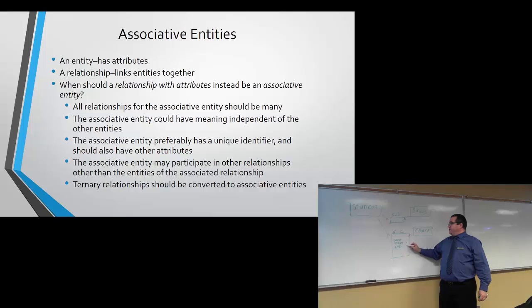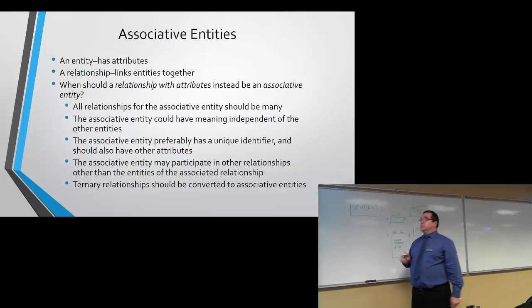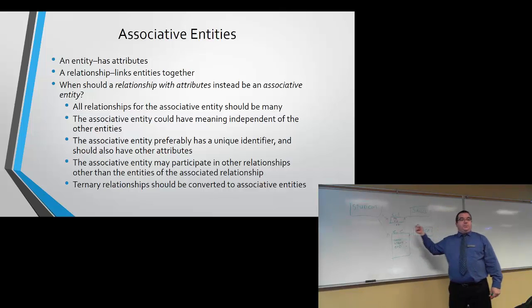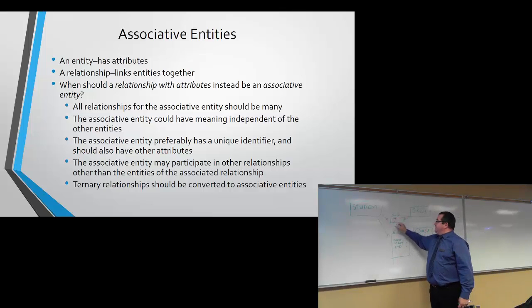We have a grade, we have a start date and an end date. So this is what they call a relationship with attributes. This is an associative entity. An associative entity normally has three fields. It has the primary key, and it has two foreign keys. And a relationship with attributes has these three fields, plus more.